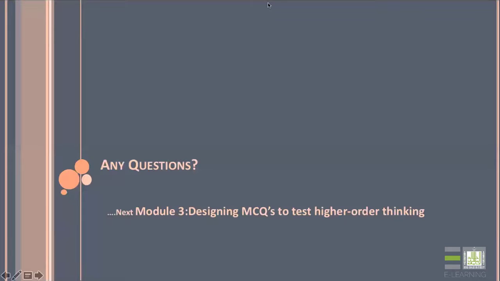Yes, Mr. Patel's question relates to what I said earlier, that a question should be a full question, so that students should be able to answer the question without looking at the choices below. And it shouldn't start with phrases such as which of the following or all of the following, etc. Mr. Patel asks, do I think it's best to avoid this type of wording?